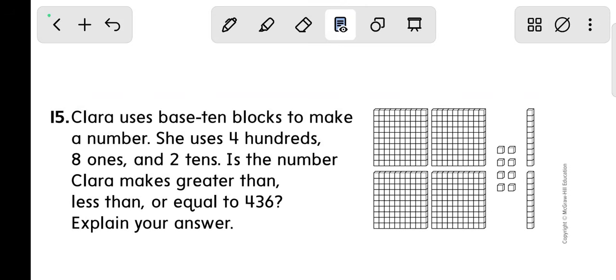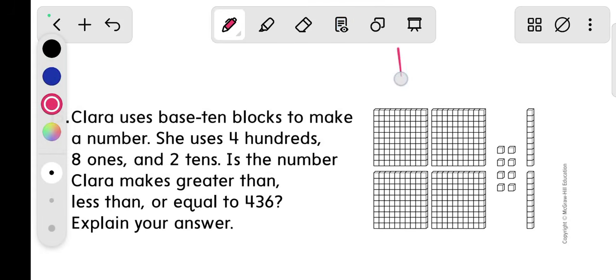Clara uses place value blocks to make a number. She uses 4 hundreds, 8 ones, and 2 tens. Is the number Clara makes greater than, less than, or equal to 436? Okay, let's do it. H, T, O. 4 hundreds, 8 in ones, 2 tens, 428.